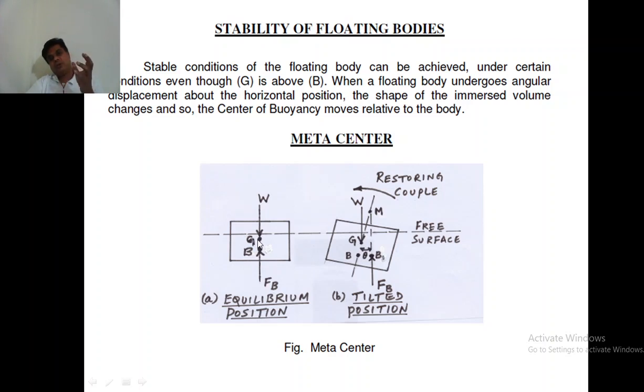Whenever this object is tilted, when we have the angular displacement, the position of this center of buoyancy will change in the horizontal direction, and the shape of the immersed body also changes. So the amount of the object inside the water will also change.